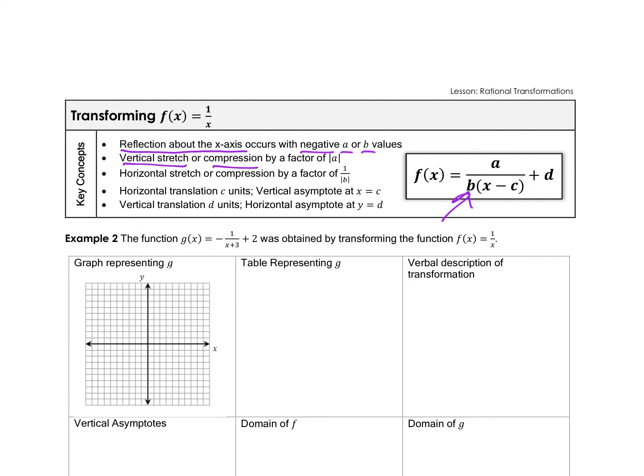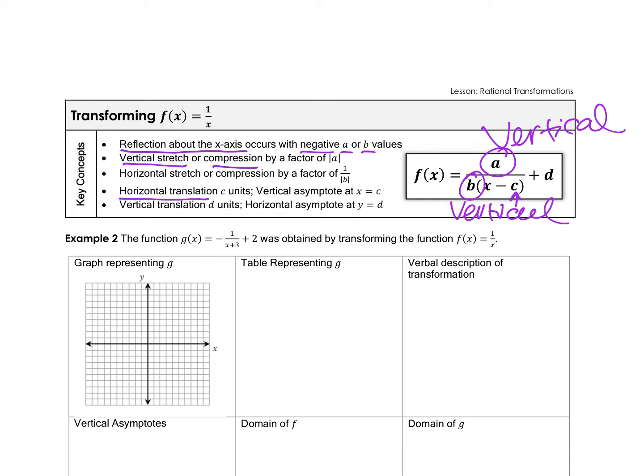So a is going to be the vertical stretch or compression. Your horizontal stretch or compression is based on your b. And then your translation horizontally is your c.